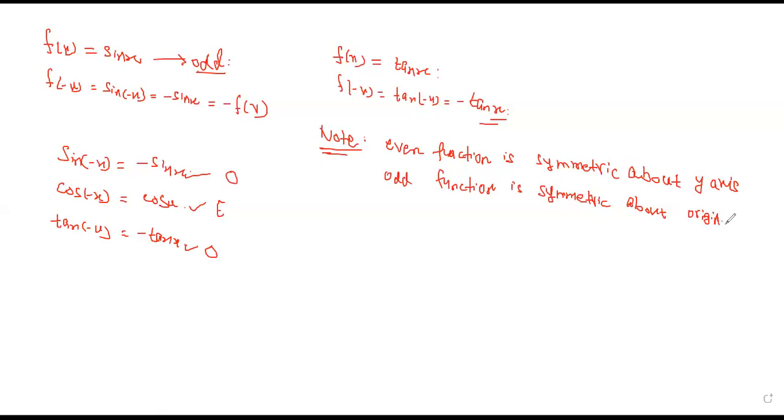If you know the graph of sin x, cos x, and tan x, then you will see that cos x is symmetric about the y-axis, and sin x and tan x both are symmetric about the origin.